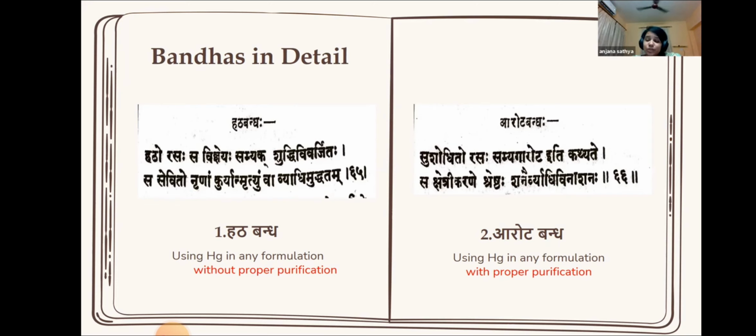It is mentioned for kshetrikarana purpose, which is given to a patient to make the patient fit for Rasa Sevana. For kshetrikarana, Aroda Bandha is given and Shanir Vyadhi Vinashnaha: the disease will be eradicated quickly, faster than with the other bandhas.